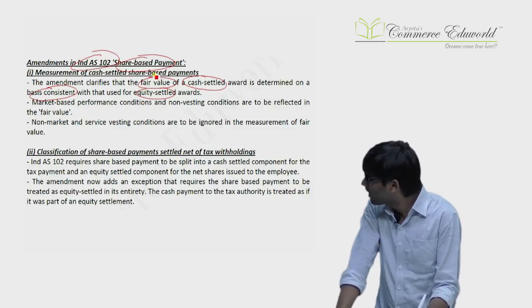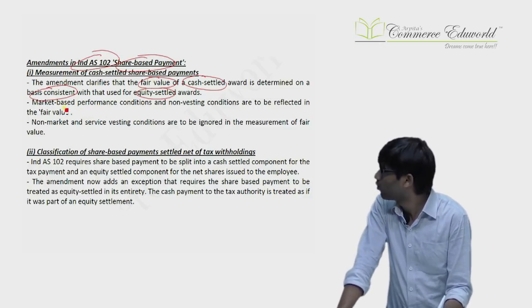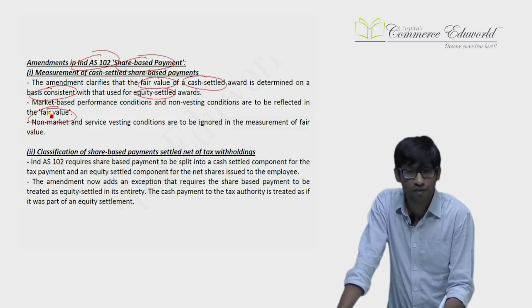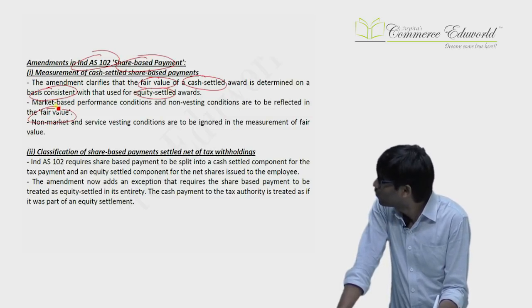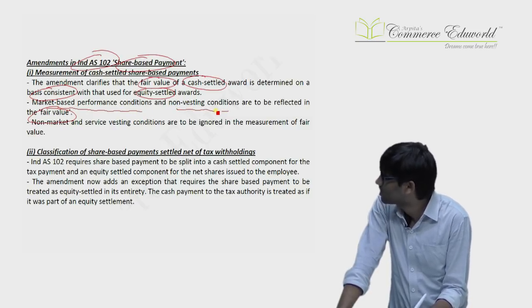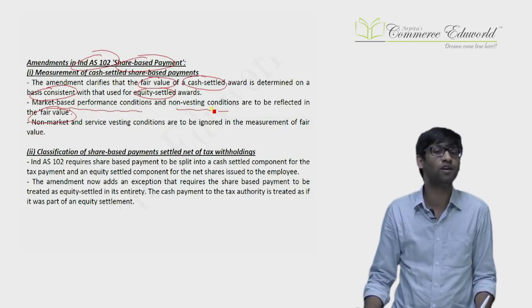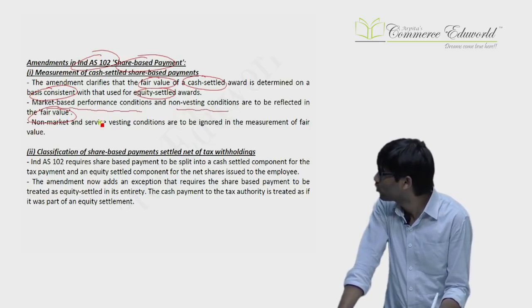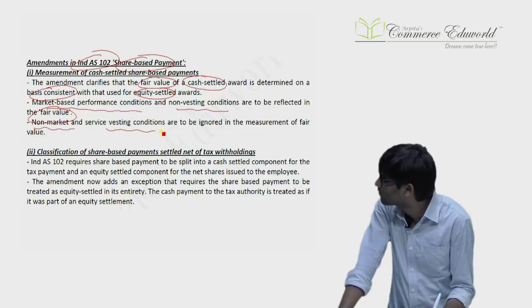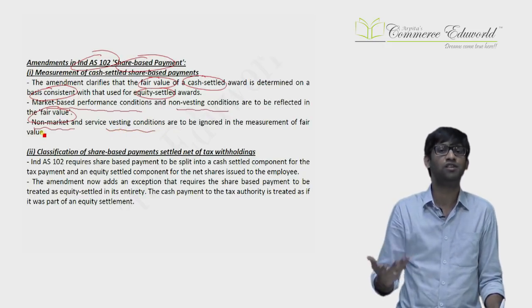Now for the calculation they have told how to calculate fair value. For the purpose of calculation of fair value, you can use market-based performance conditions and non-vesting conditions, which will help you to calculate fair value. But you should not consider non-market based or service vesting conditions for calculation of fair value. Why do we need to calculate fair value?